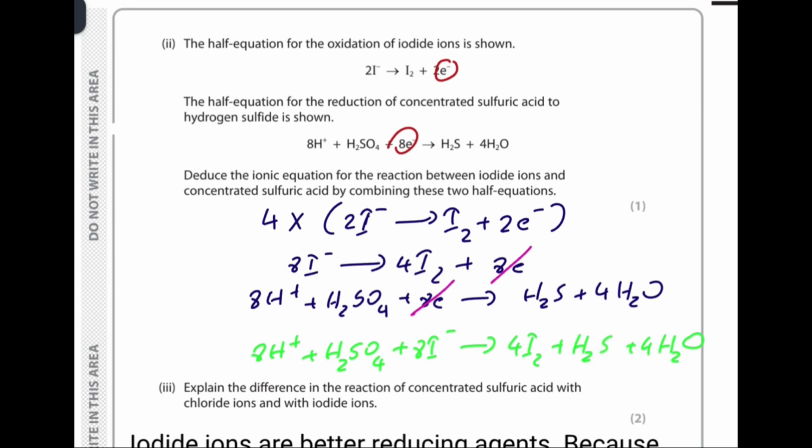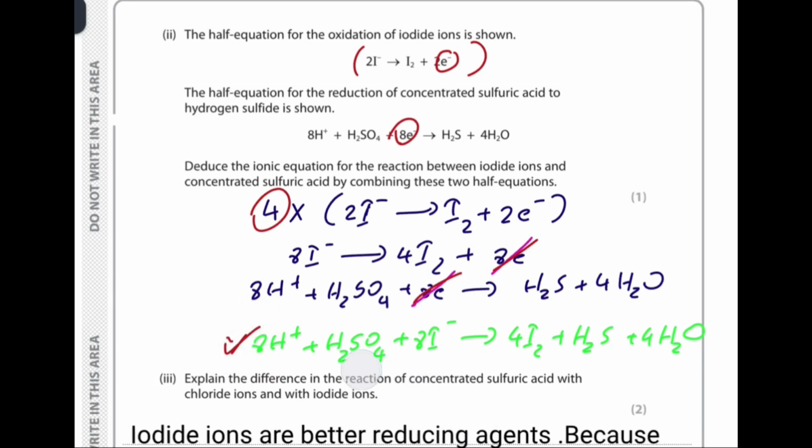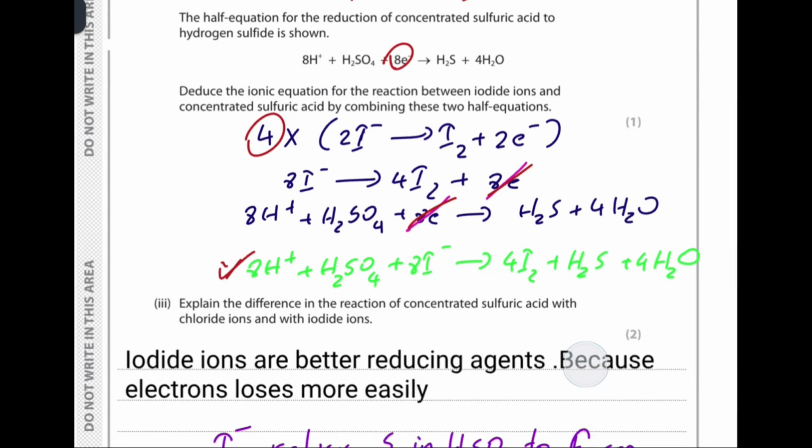Since the electron number of the second half equation is 8, we should multiply the first equation by 4 to increase the electron number to 8. Therefore the electrons become spectators, so we can eliminate the electrons, and you will get this final ionic equation.